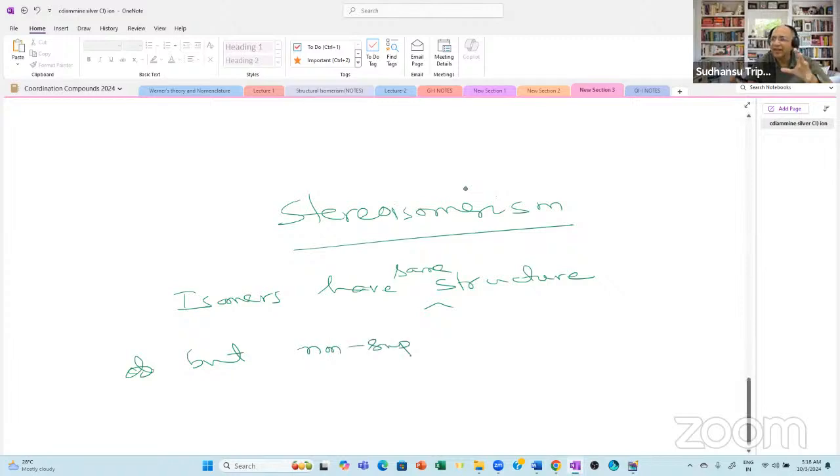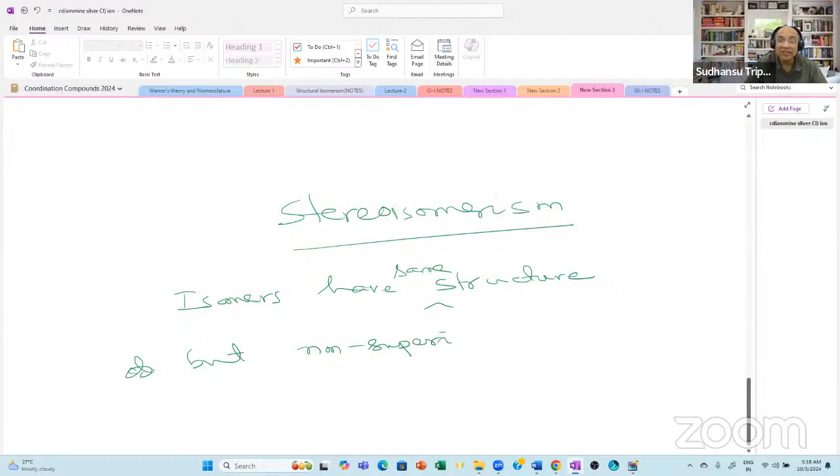Instead of writing their stereo relationship between the substituents are different, you can also write they have difference in their stereo relationship between substituents. Instead of writing that, I prefer to write they are non-superimposable.